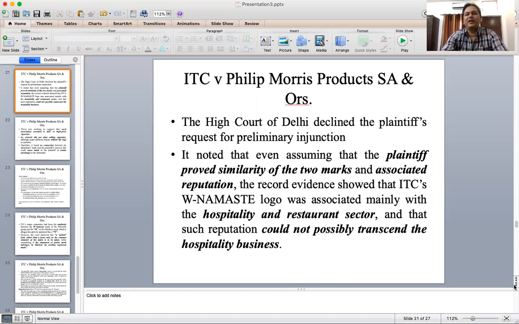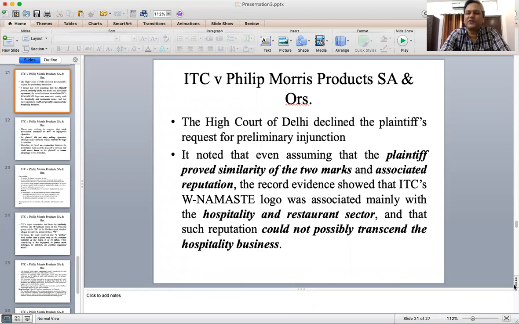It noted that even assuming the plaintiff proved similarity of the two marks and associated reputation, the record evidence showed that ITC's W Namaste logo was associated mainly with the hospitality and restaurant sector, and that such reputation could not possibly transcend the hospitality business.